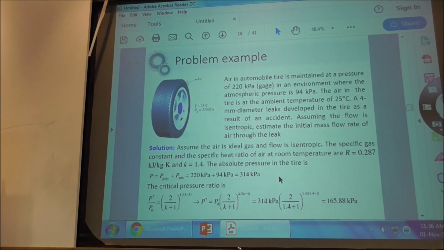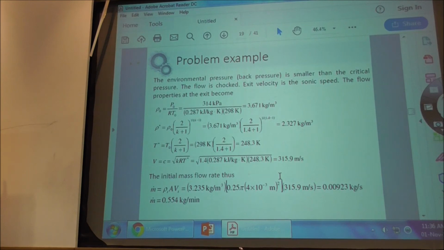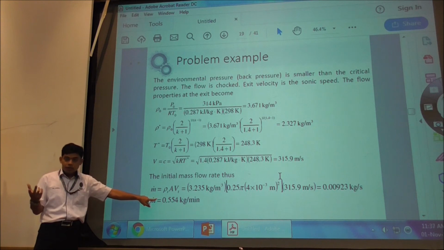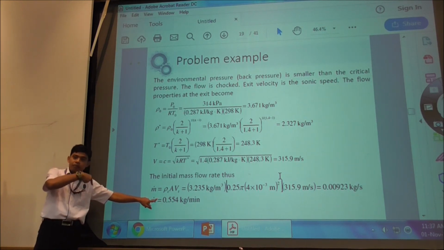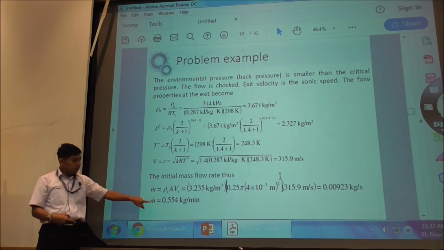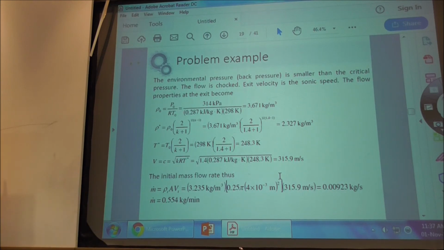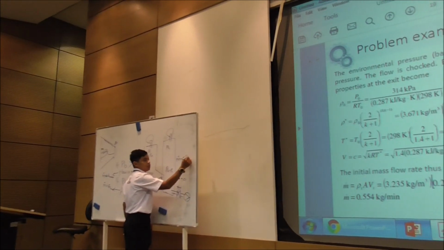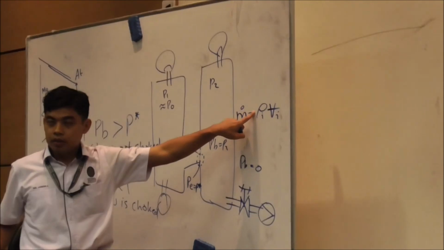Once you calculate the mass flow rate, after 1 minute, what is the remaining fluid within the pipe, or in this case within the tire? Initially you have rho initial times velocity initial, volume initial. This is your mass flow rate.